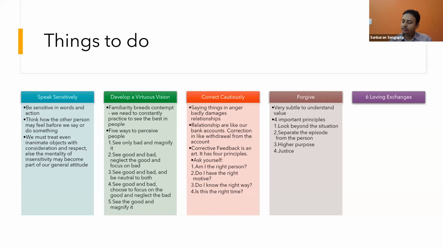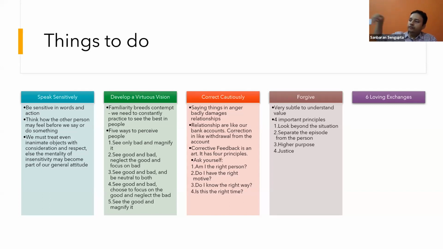Look beyond the situation means there might be scenarios why people make a particular mistake or why people act harshly or speak harshly. Let's say somebody told me something and I felt very bad. So in that situation, maybe he is undergoing a lot of pain. So that's why he is reacting that way.